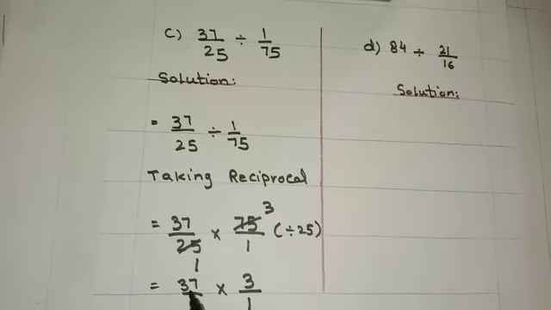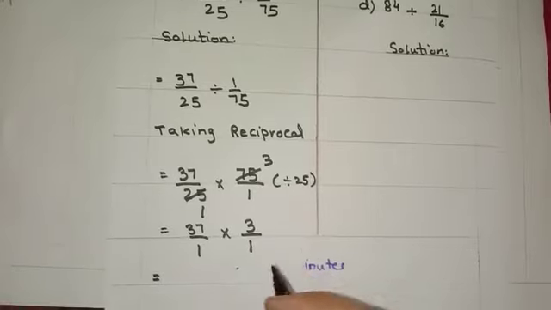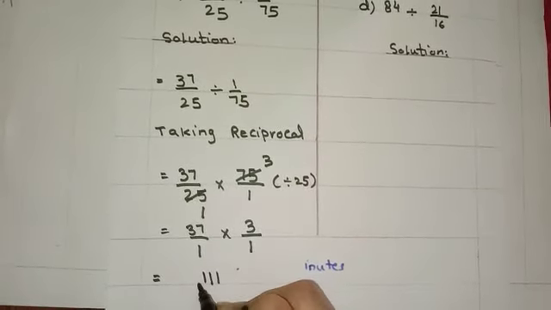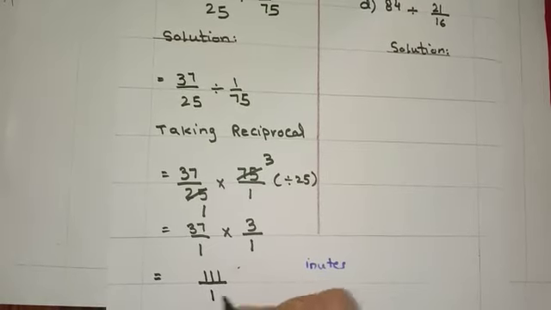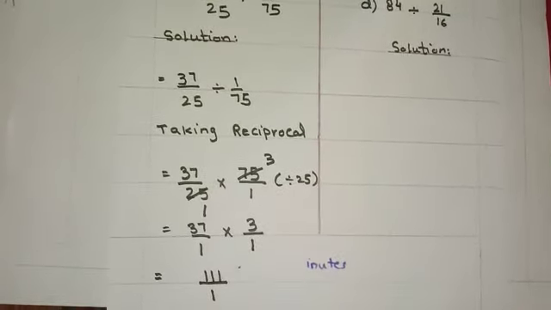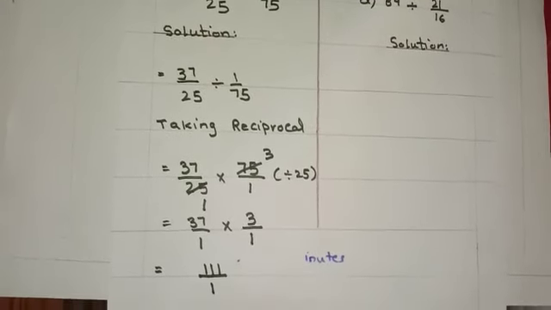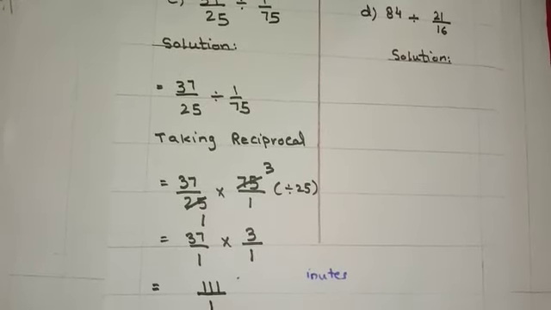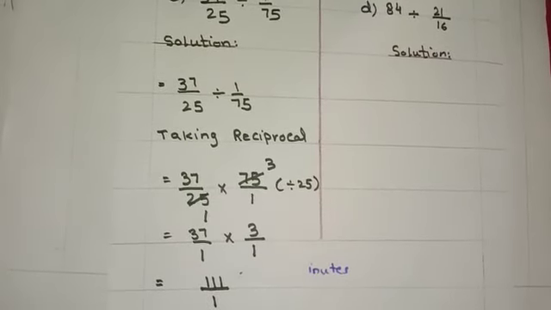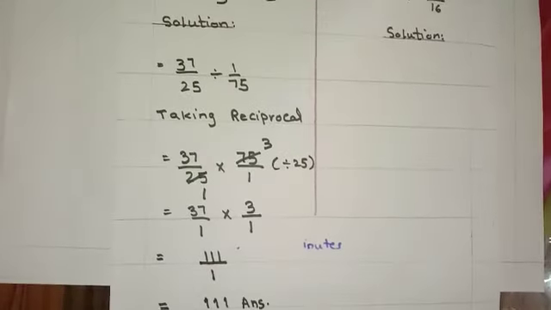We just multiply 37 by 3. 37 threes are 111 and 1 ones are 1. So if we have 1 in the denominator, our answer will be 111. 111 will be our answer.